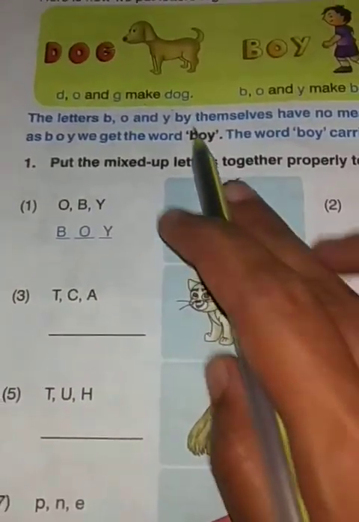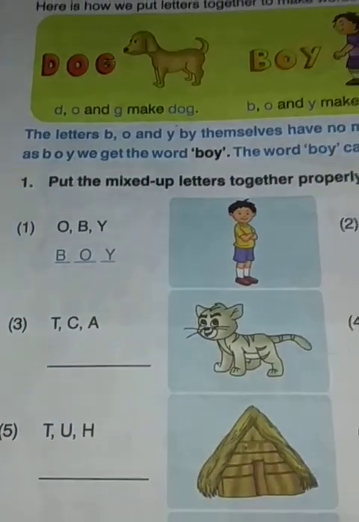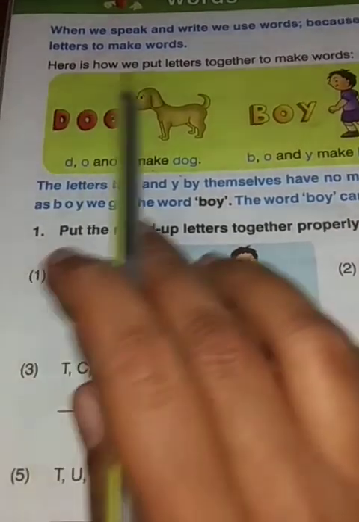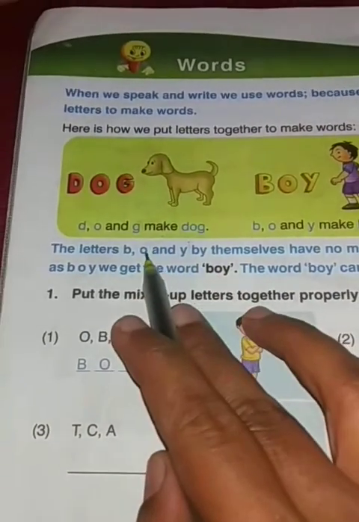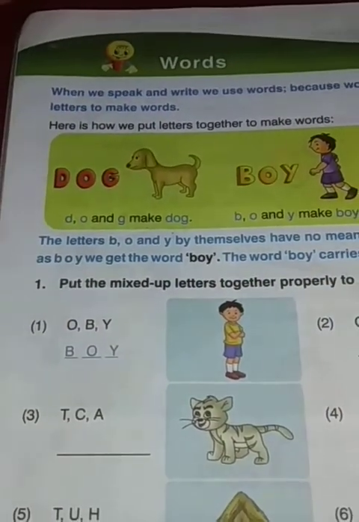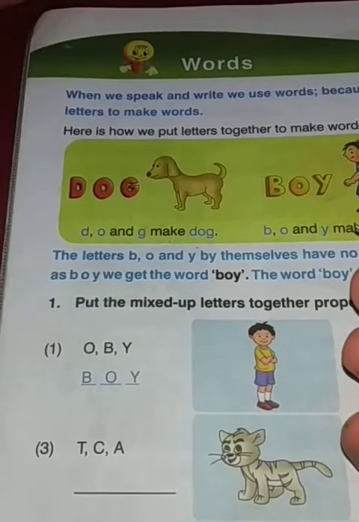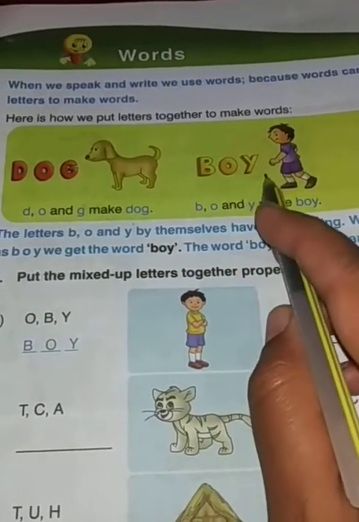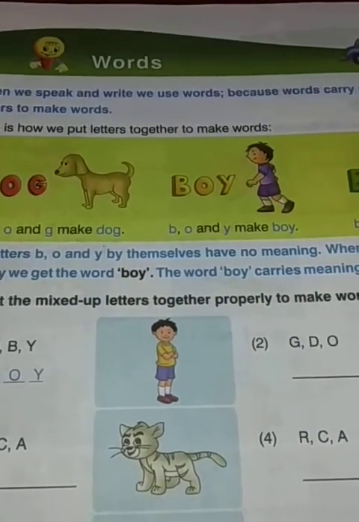Now see here, the letters B, O and Y by themselves have no meaning. Yes or no? If you take a single B, it has no meaning. Suppose the spelling of boy is B-O-Y. If we write O-Y-B, is it correct?